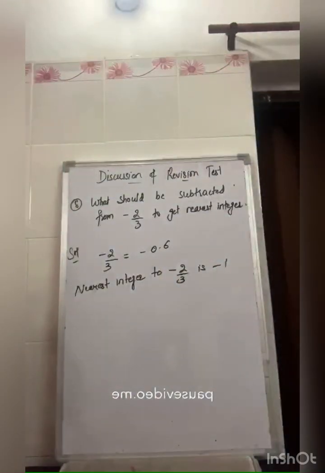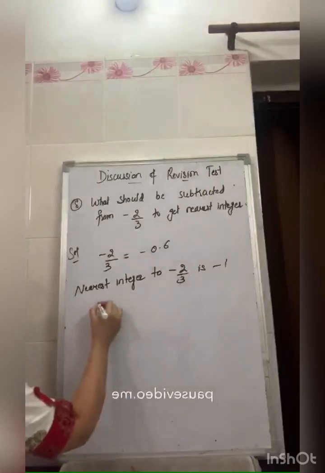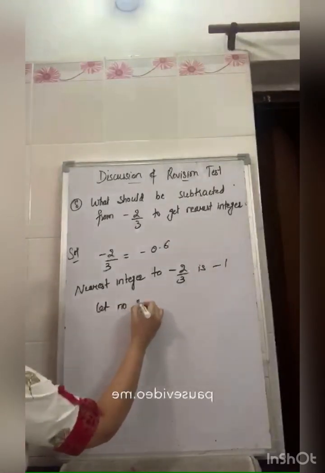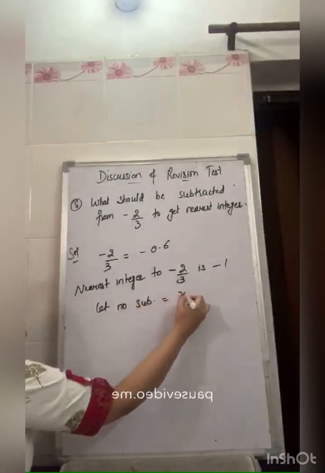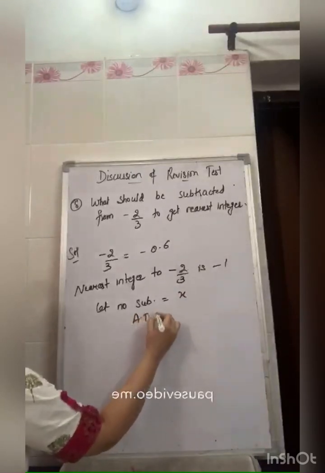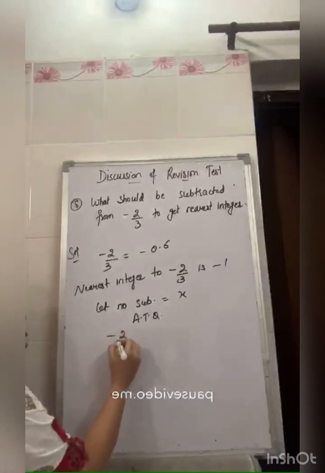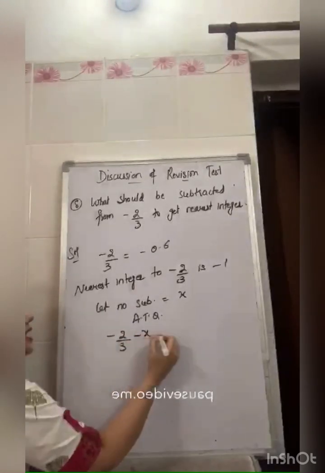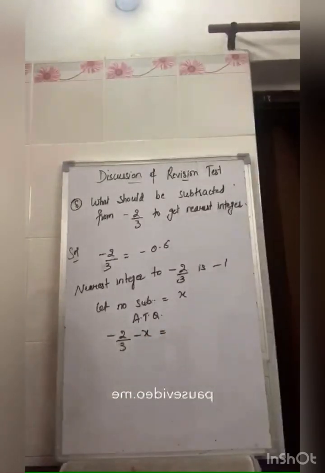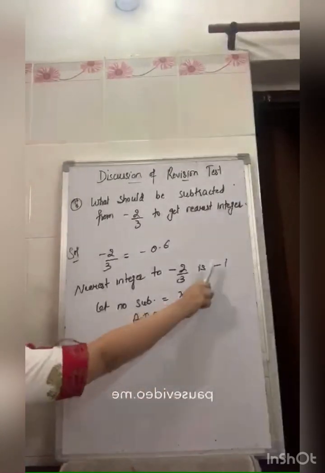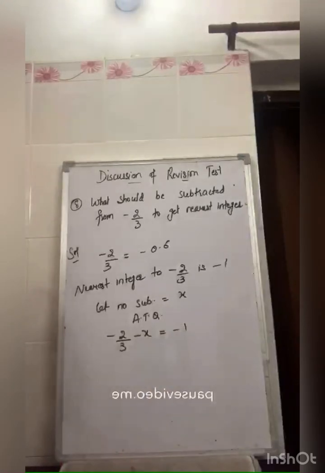They are asking what should be subtracted. We will write, let the number subtracted be x. According to the question, what should be subtracted from minus 2 by 3? So minus 2 by 3 minus x, so as to get the nearest negative integer, and the nearest negative integer is minus 1.